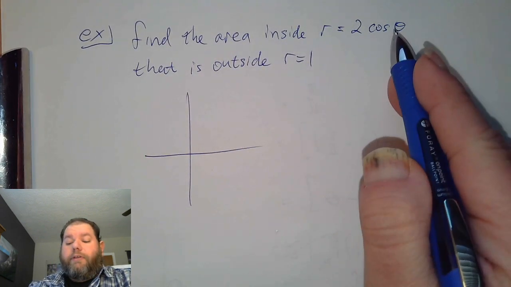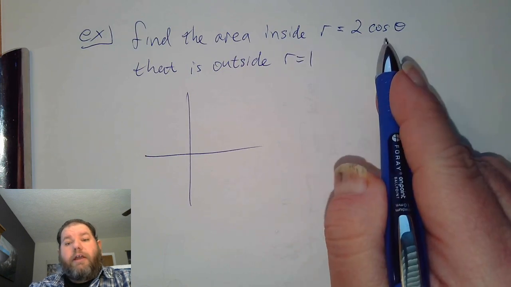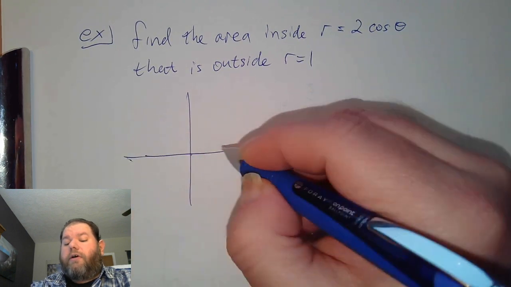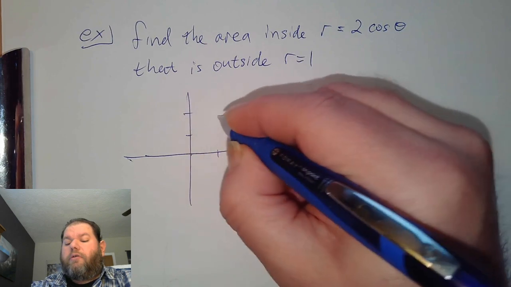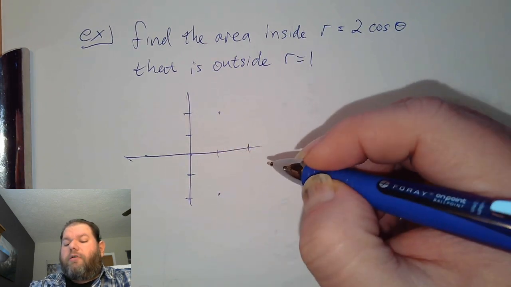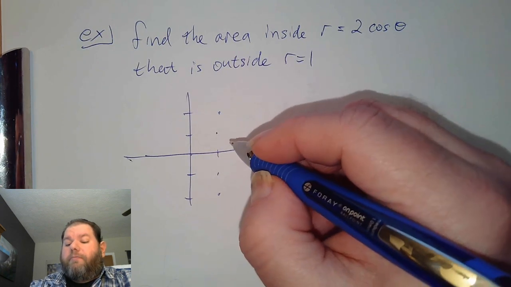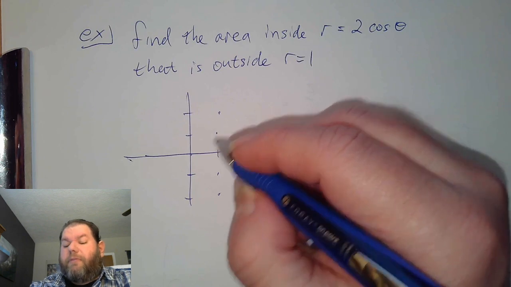Now 2 cosine theta is a circle of diameter 2 to the right of the origin. Radius 1, diameter 2.